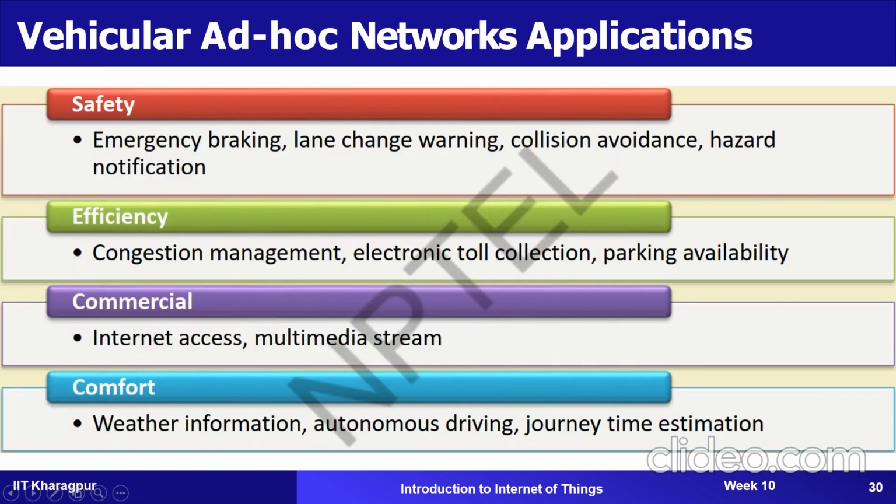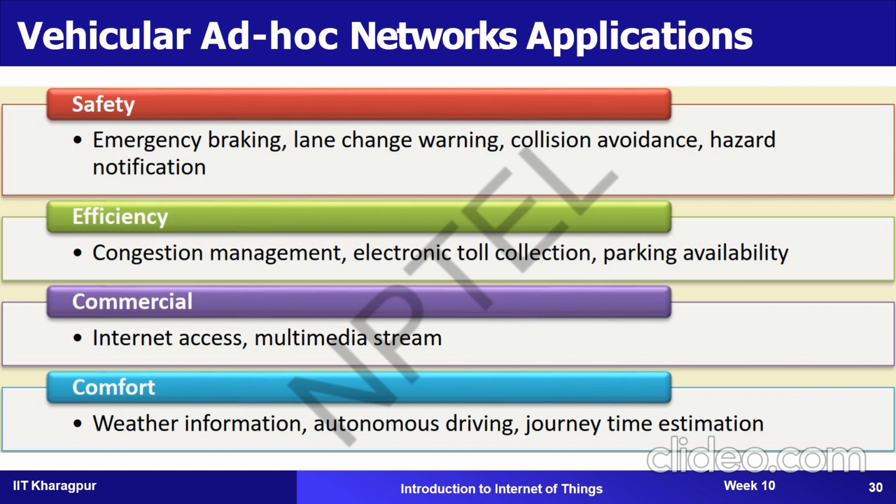Now the applications. In the case of safety, for example emergency braking, lane change warnings, collision detection, or hazard notification, you can use VANETs. Then for congestion management, electronic toll collection, and parking availability, you can use vehicular ad hoc networks.